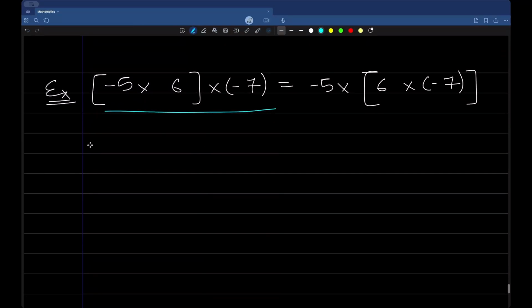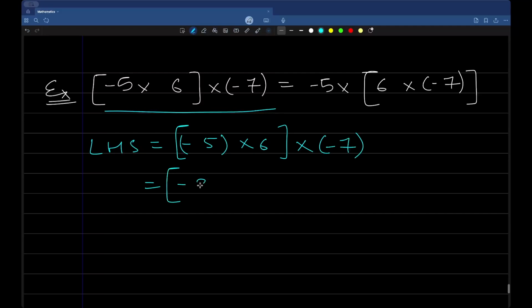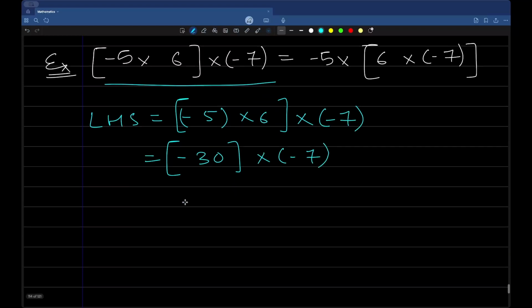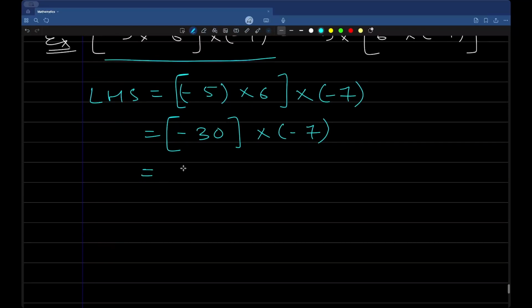We have LHS equals to (minus 5 into 6) into minus 7, minus into plus is minus, 5 6s are 30, into minus 7. We have minus into minus is plus, 7 3s are 210 on left hand side.